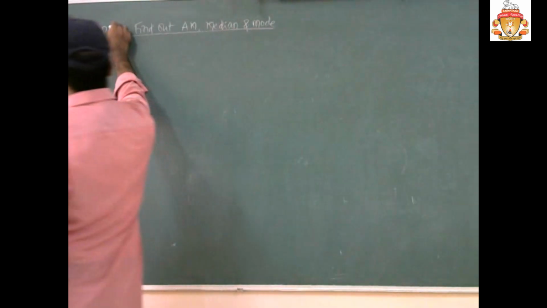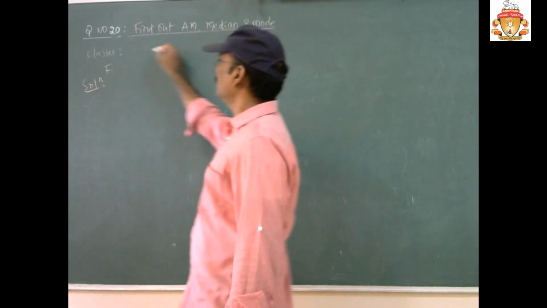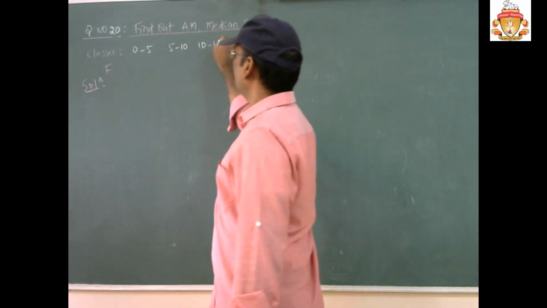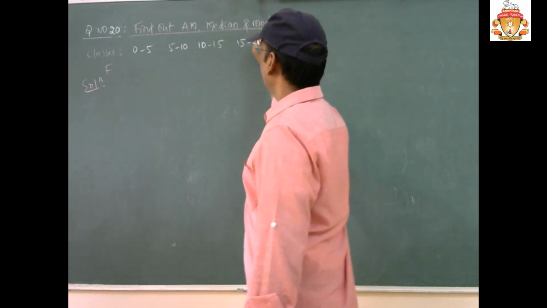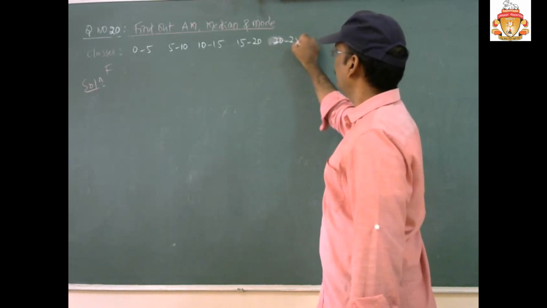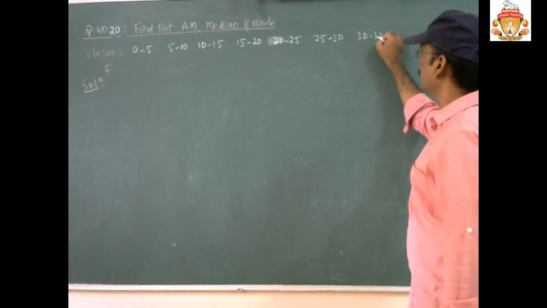Question number 20. Find out the arithmetic mean, median and mode. Classes are like this: 0 to 5, 5 to 10, 10 to 15, 15 to 20, 20 to 25, 25 to 30, 30 to 35.